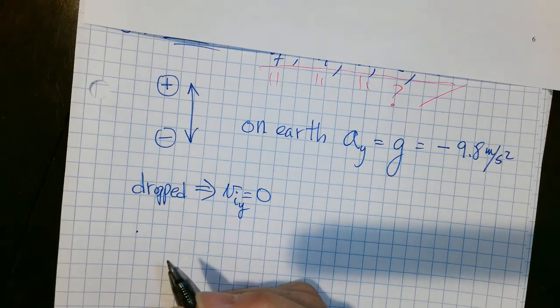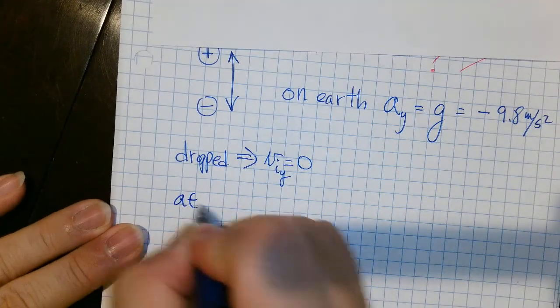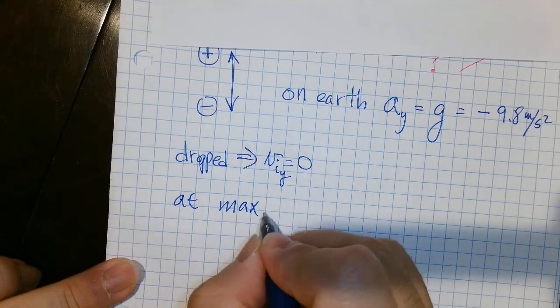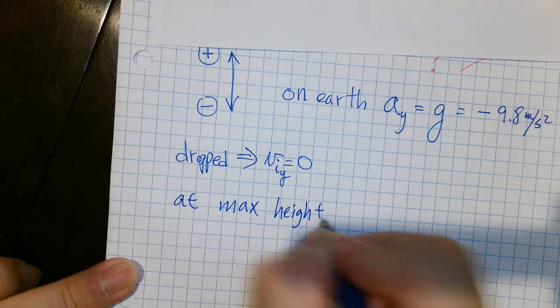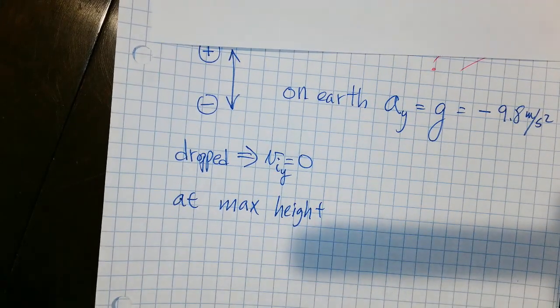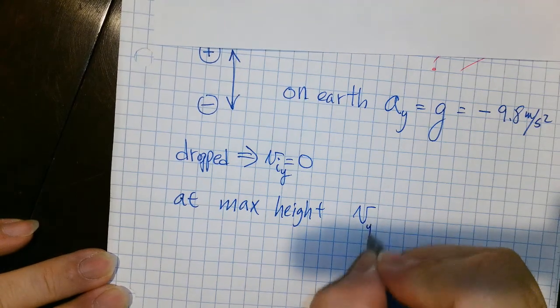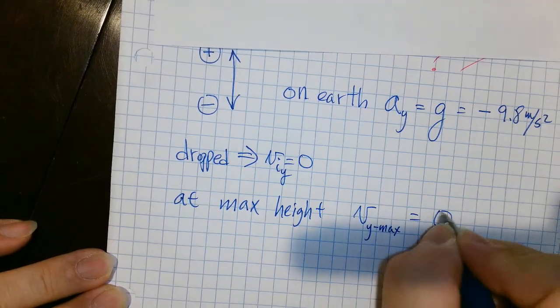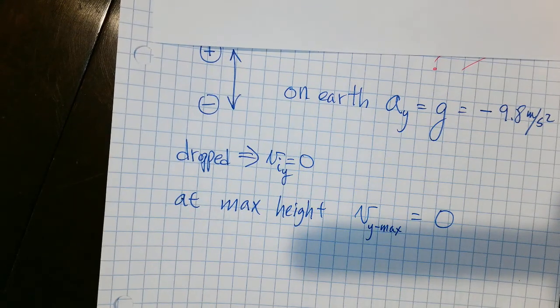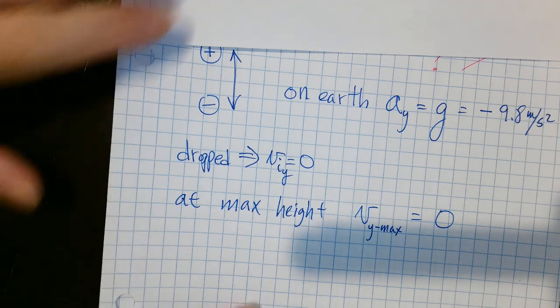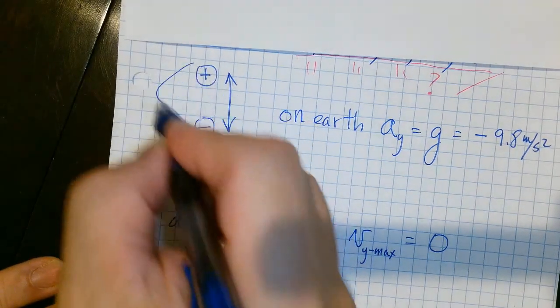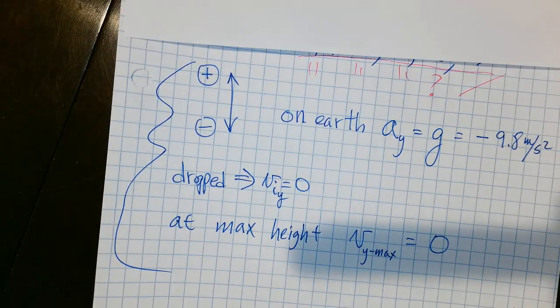When an object is thrown upwards, at maximum height your velocity at y max is 0, because when things are thrown up, they slow down, stop instantaneously before speeding up going back down again. These are really important things to know when things are moving vertically up and down.